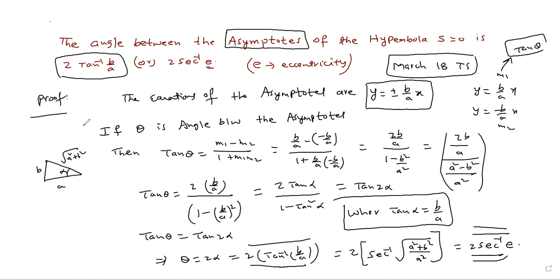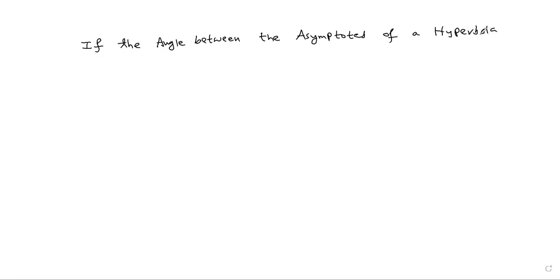Right. Next question based on this formula. If the angle between the asymptotes of a hyperbola is 30 degrees, then find its eccentricity.